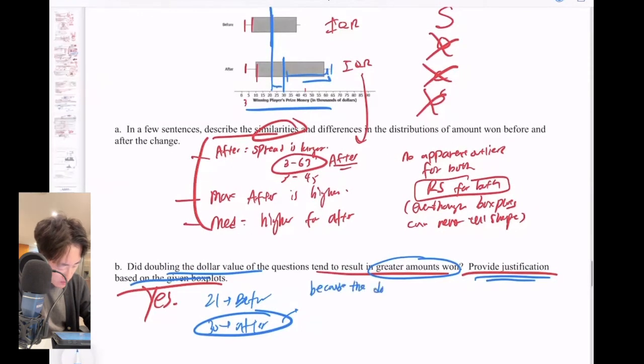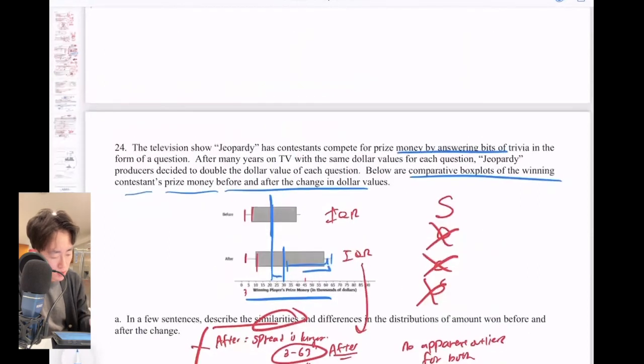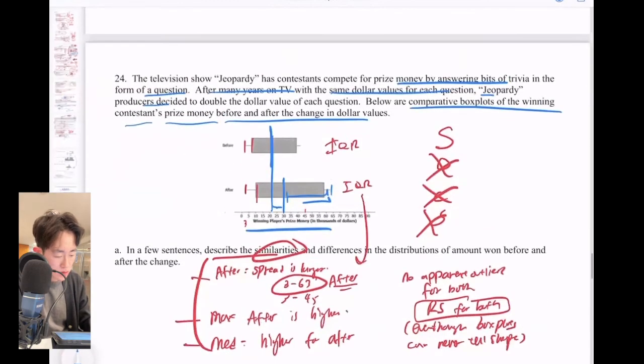Because the dollar value has doubled, people might be more motivated due to greed. Okay, so Jeopardy produces double the dollar value of the winning contested prize money before and after.